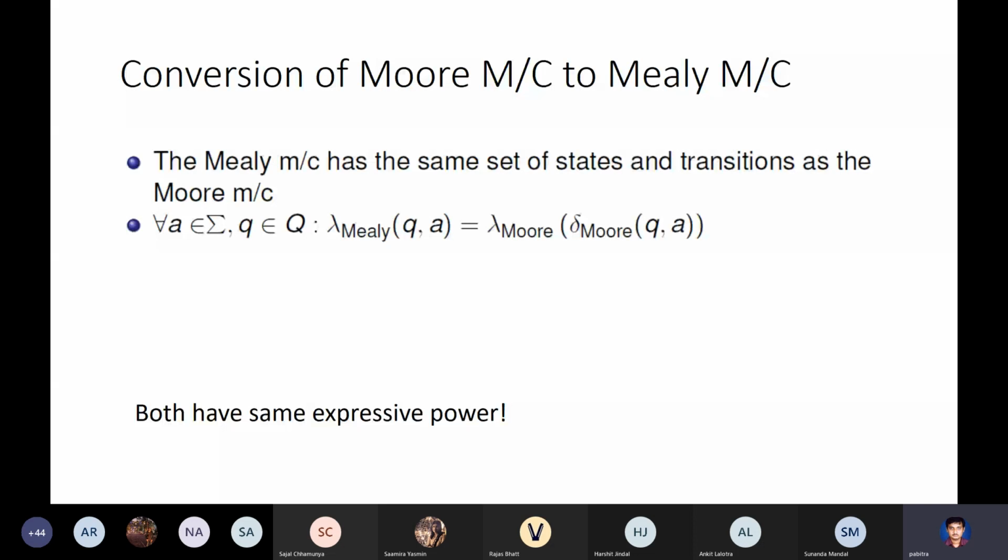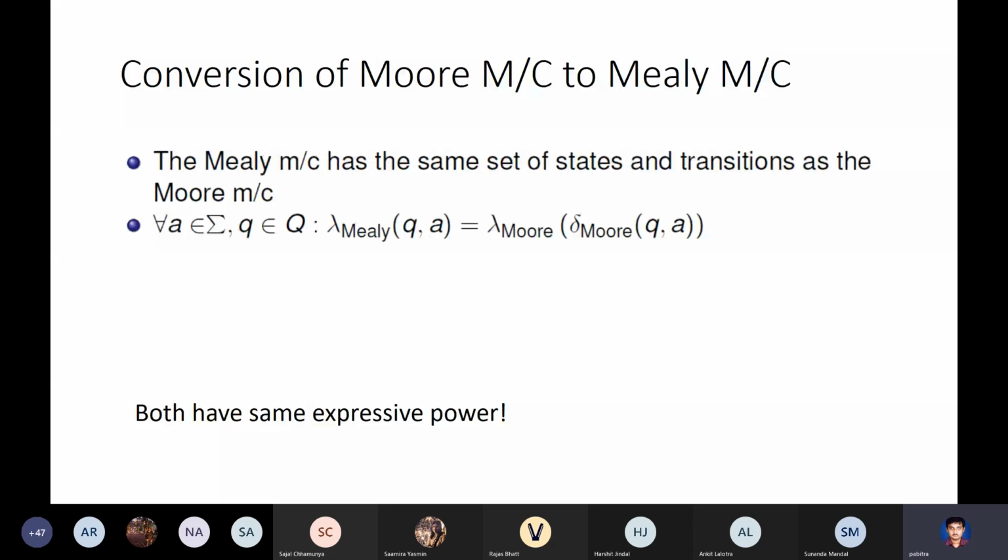We have studied construction of synthesis of Mealy machines as well as Moore machines. Both are representations of the finite state machine. Both are implementations of the finite state machine, and both of them have the same expressive power.